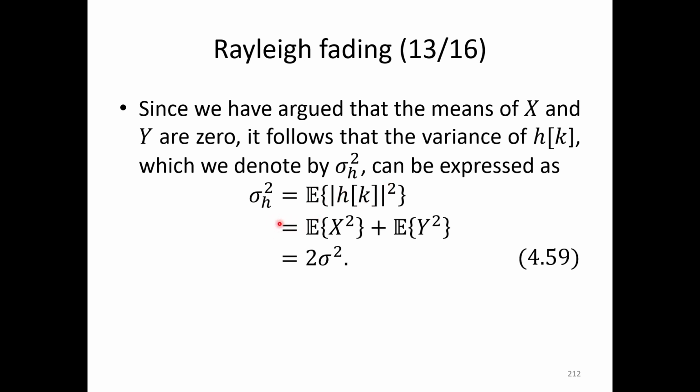And the second equality follows from the facts that the square of absolute value of h of k is equal to x squared plus y squared. And because x and y are independent, it does not relate to the independence.